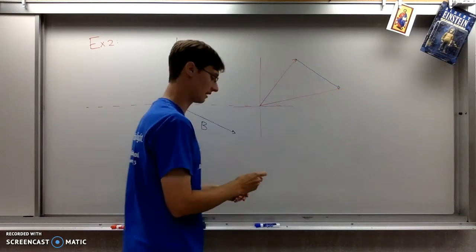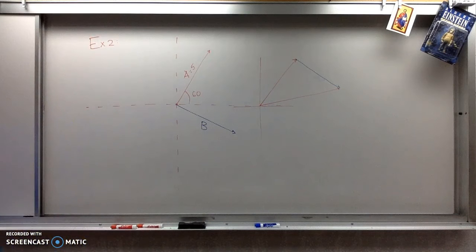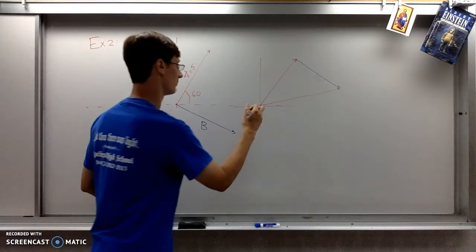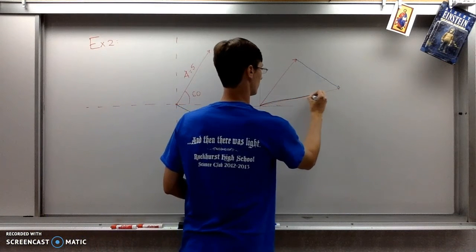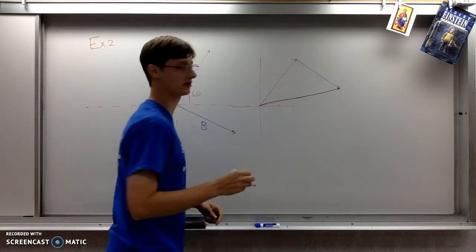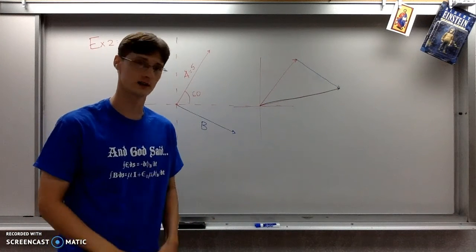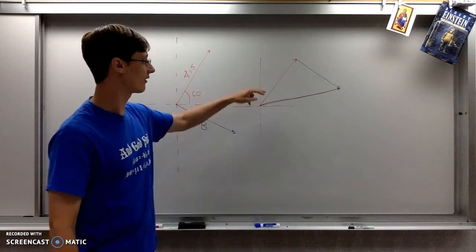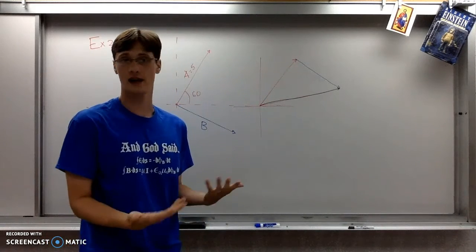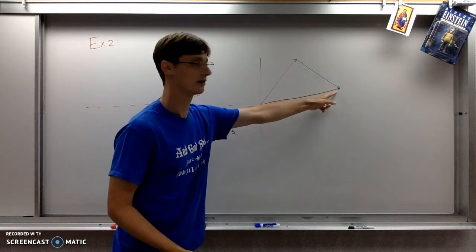I should have picked a third color for that. Let me get a third color. Ooh, it's a black mark. That's not a very straight line, but you'll just have to deal with it, guys, okay? All right, so if I go this way and then that way from where I end up right there.